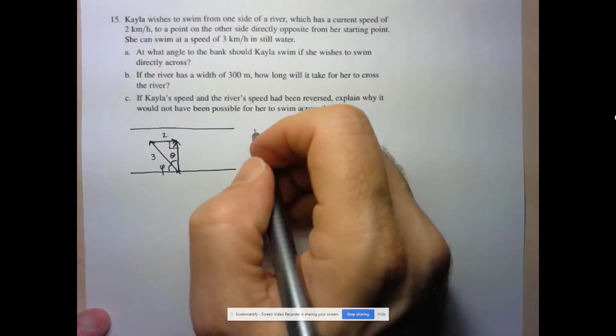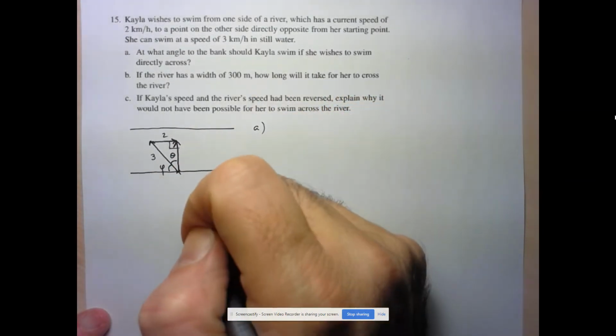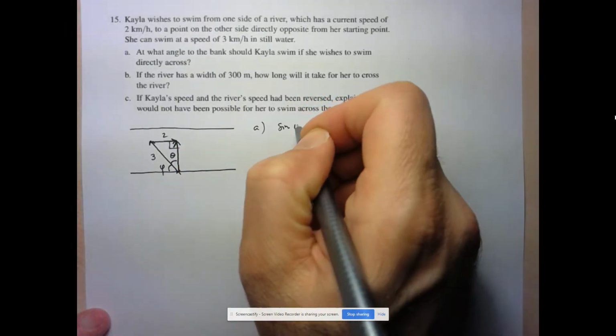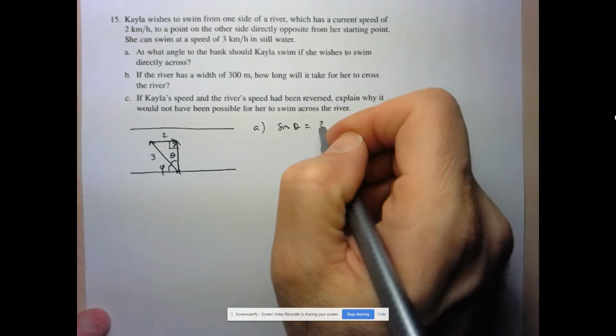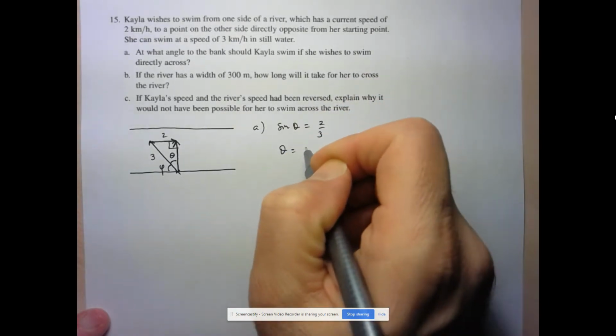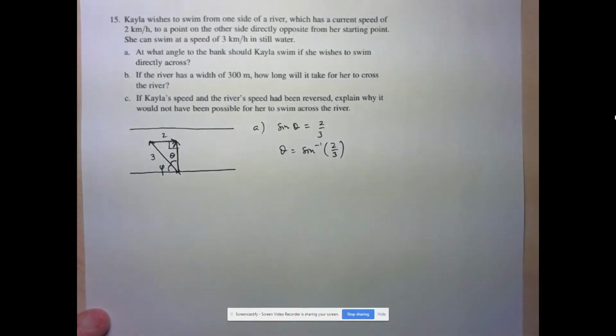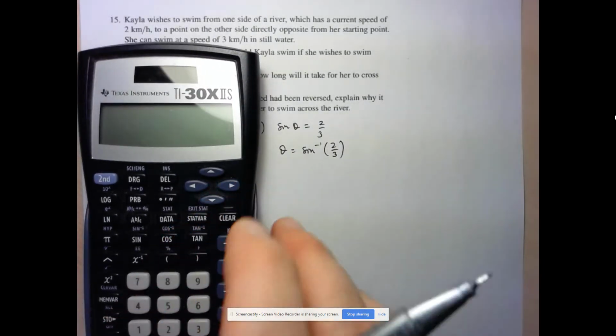All right, so let's solve part A. This is going to be sine, so sine of theta is equal to 2 over 3. So theta is sine inverse of 2/3, and let's get our calculator and calculate that.